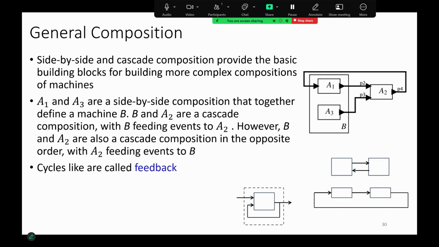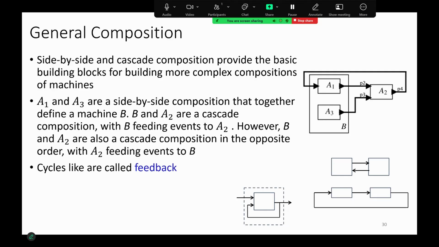And you might have general composition, which is side by side, for example, and cascade at the same time. So the A1 and A3 are side by side, and then A1 and A2, A3 and A2 are cascade.